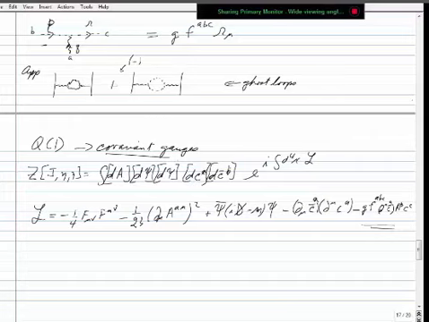I then have psi bar (i d slash minus m) psi, and then my ghosts are d_mu C^A, d^mu C^A, minus g f^{ABC} d_mu C bar^A B^mu C^C. So that was the ghost part there.